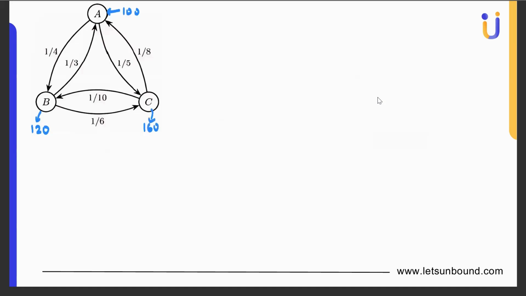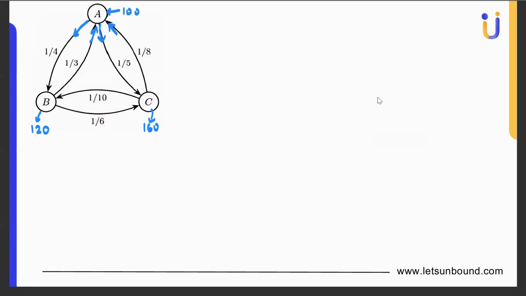Now, based on the diagram that has been given to me, I need to see that there are 2 arrows going out from A. One is these people who are going to work in city B. One is this arrow. Again, these people are also leaving city A because they're not working in city A. But there are also some incomers. So there is 1/3 of people who are coming to work in city A from city B, and 1/8 of people who are again coming to work in city A from city C.